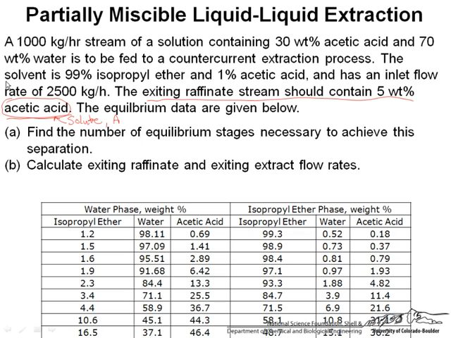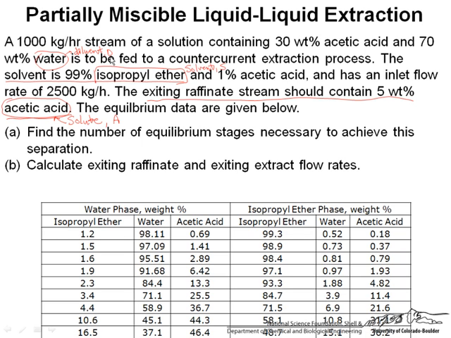We see that the solvent is 99% isopropyl ether. So isopropyl ether is our solvent, and we'll designate that with an S. That means that water is going to be our diluent, and we'll designate that with a D.